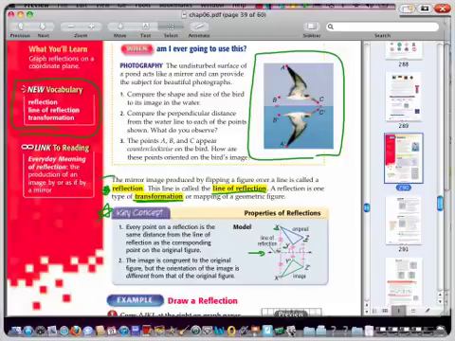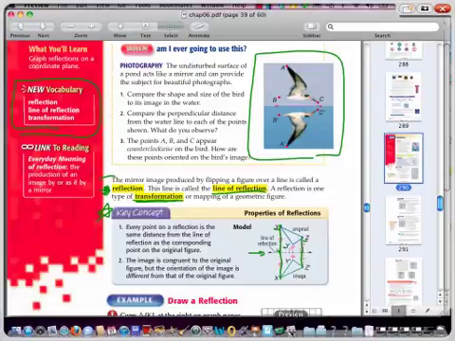So if we're looking at the point X, that distance from here to here needs to be just as far as it is from there to there. So those two things must be equal.